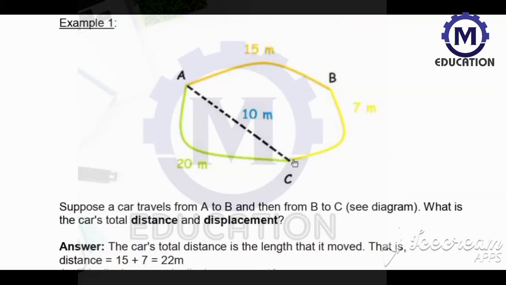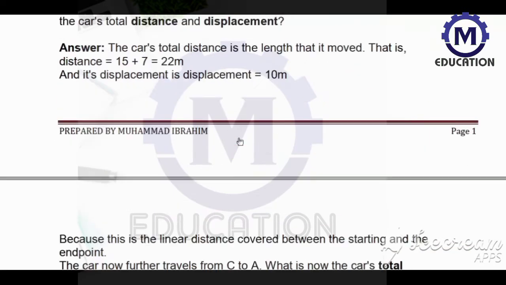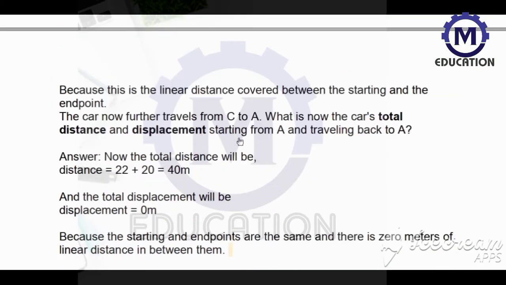From C, the car travels back to A with this path. What is the distance in these two situations? The answer is, now the total distance will be 22 plus 20, equals 42 meters, and the total displacement will be equal to 0 meters.